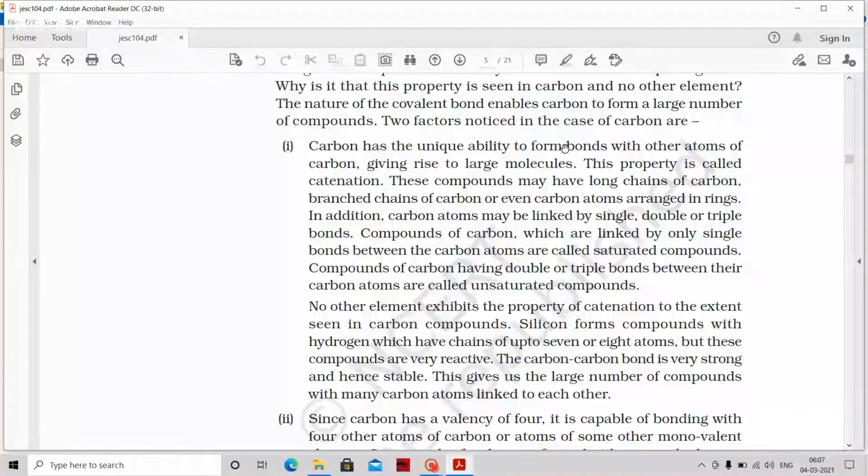The unique ability to form bonds with other atoms of carbon, giving rise to large molecules, is called catenation. In large compounds, the carbons can link one to one in a straight long chain, or they can link with branches in between.